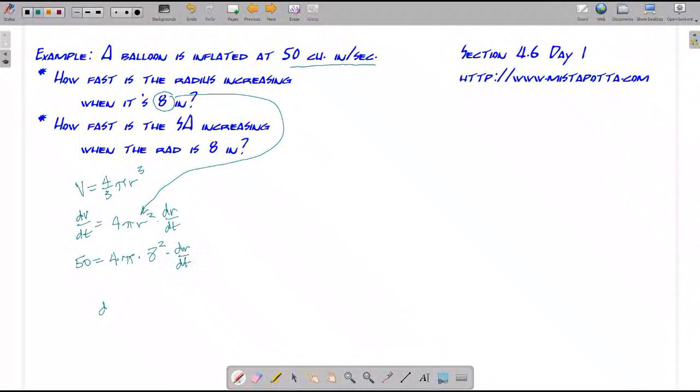And so I can find that dr/dt is equal to 50 over 8 squared, which is 64, times 4, that's 256 pi. Now this is my solution. And if I put this in my calculator, I'm going to come up with a number like 0.062.